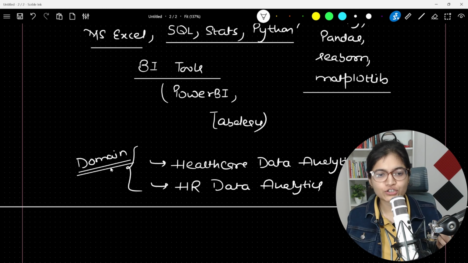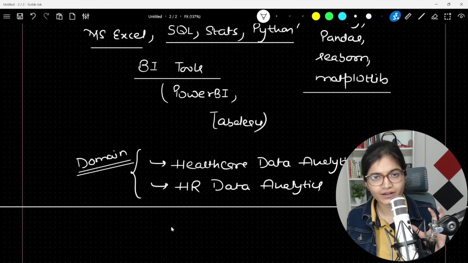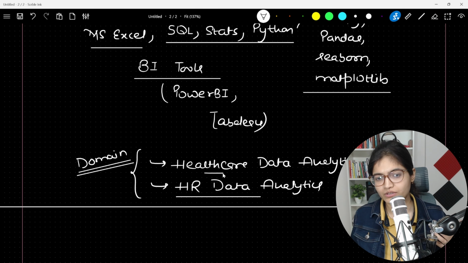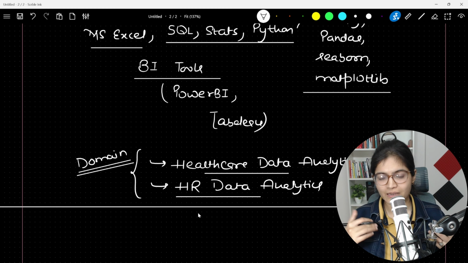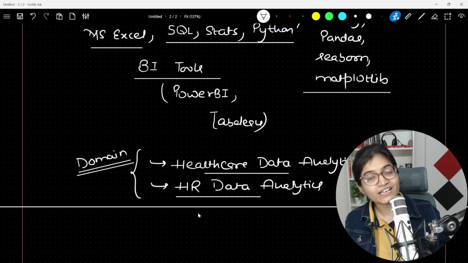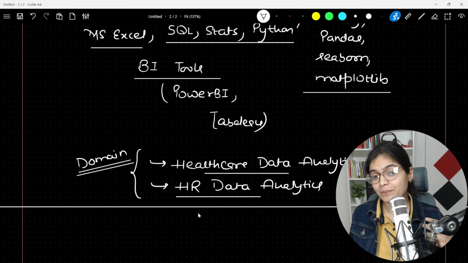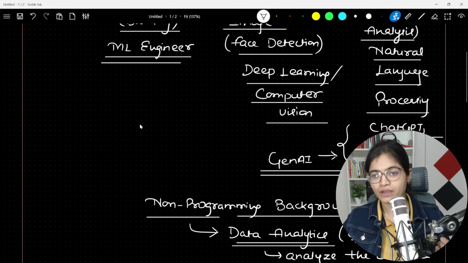So please make sure that you check different positions in the organization, in different domains. And suppose you have great experience in HR and now you want to enter a data-specific domain, try to enter HR analytics, because your experience will also count, and that will play a very critical role in shortlisting you. So that is the tip I want to give to everyone.